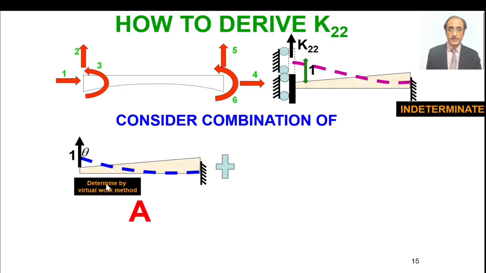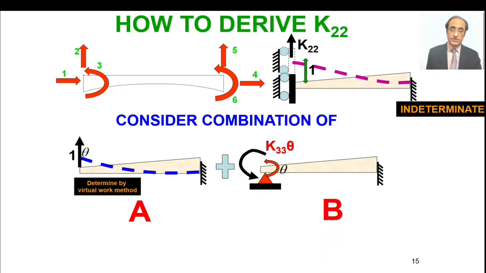Now this is, let's say, system A. We consider another system B, and in this system we apply a rotation equal and opposite to the first case. So this is the propped cantilever case, and if I ask you how much moment is required to bring about this particular rotation, such that it is opposite to the rotation in the case of structure A, then you will say that the answer is K33 theta, and K33 we have already derived.